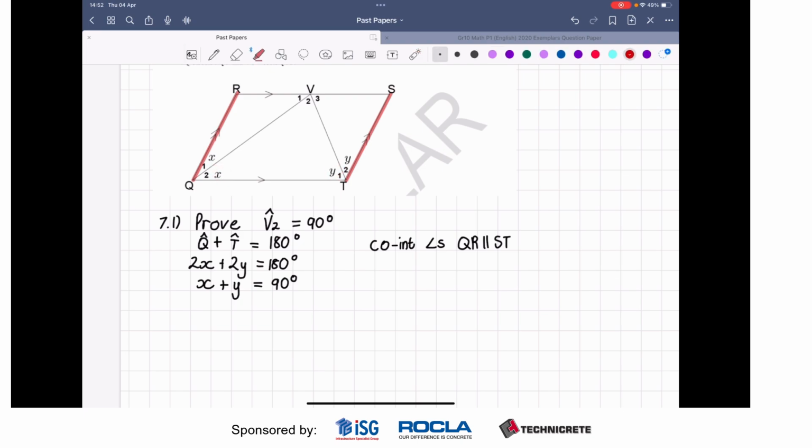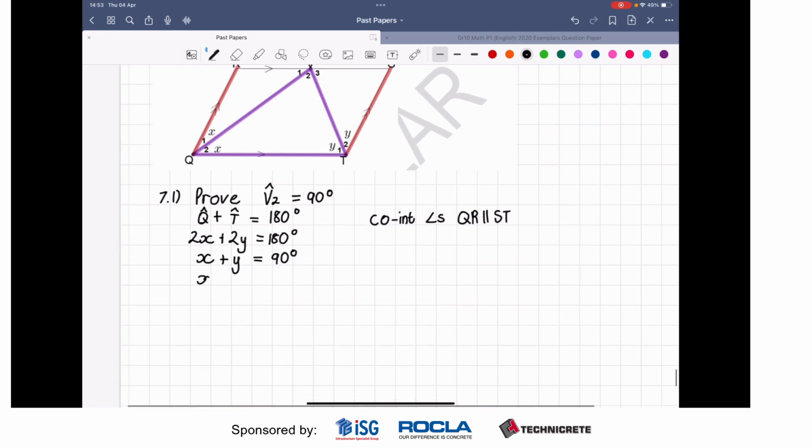And the final thing that I'm looking for, V2, is a part of this triangle here. So I already know what these two sum up to. And I know that if I add this one, it's going to have to equal 180 degrees because that's my angles in a triangle.